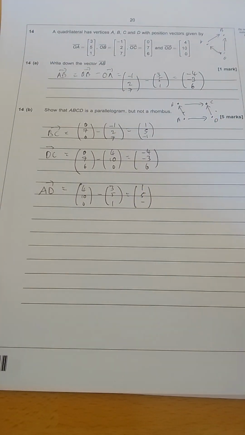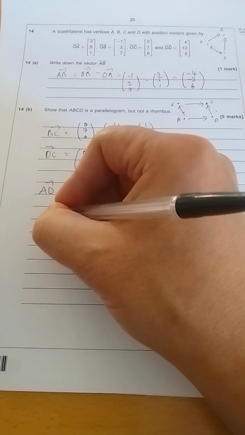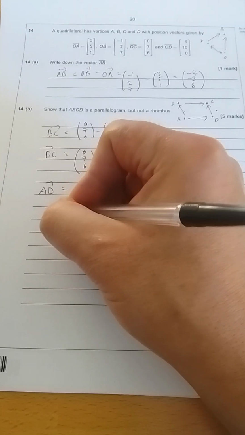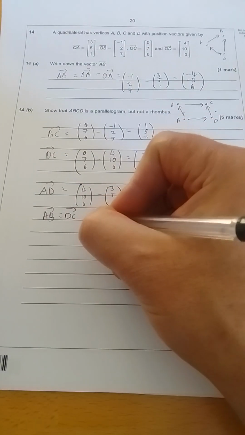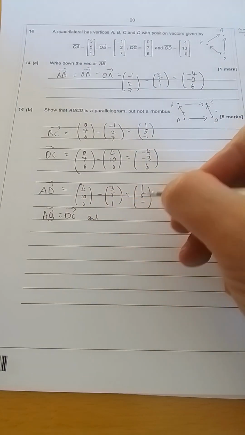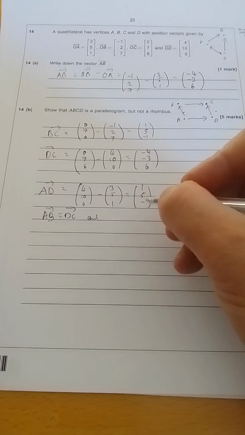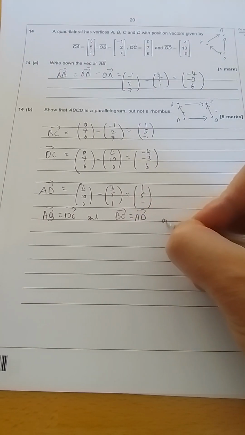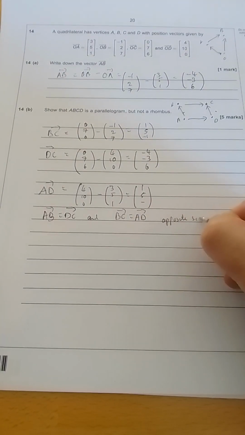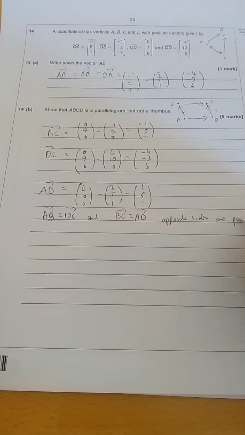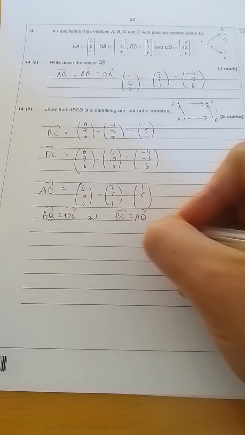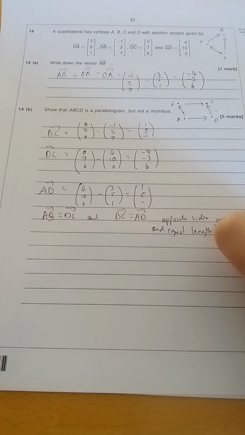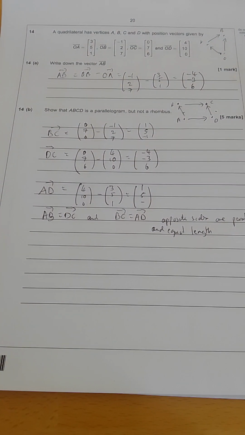And you can see here that AB is equal to DC, and BC is equal to AD, which tells us opposite sides are parallel and equal length, which tells us it's either a parallelogram or a rhombus.